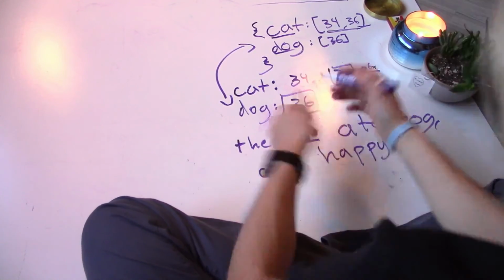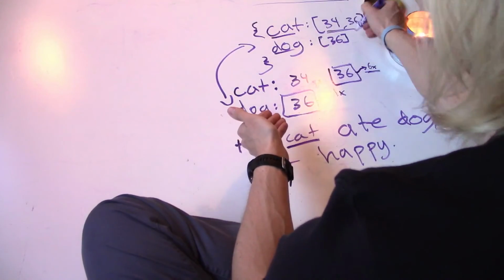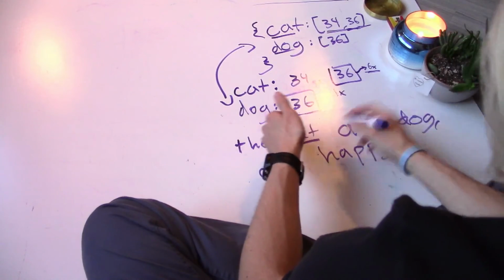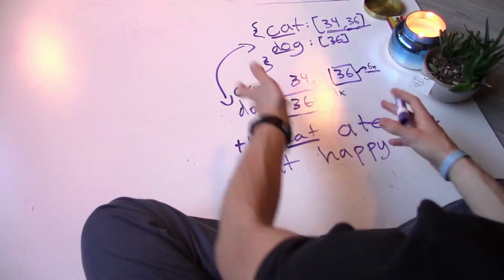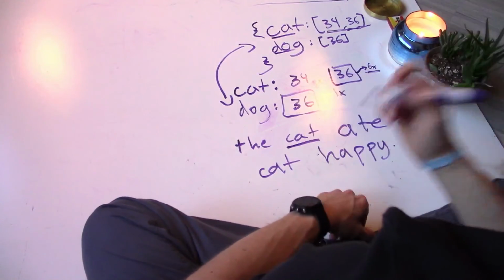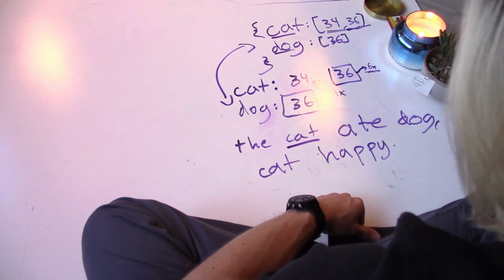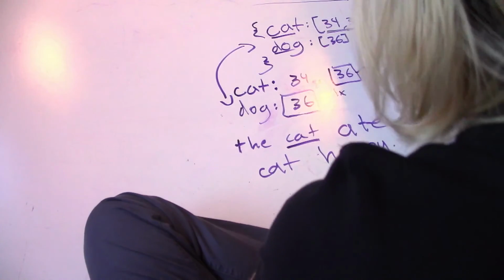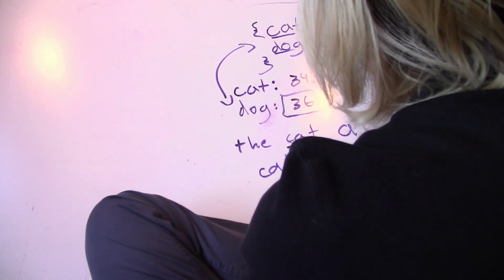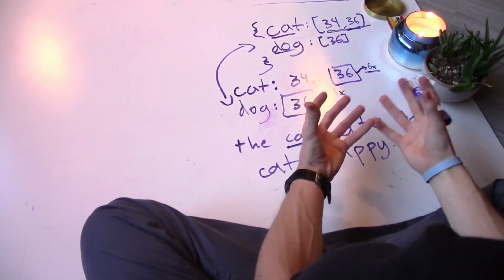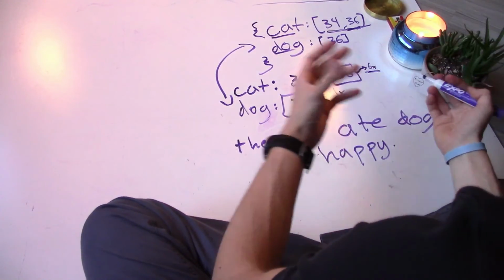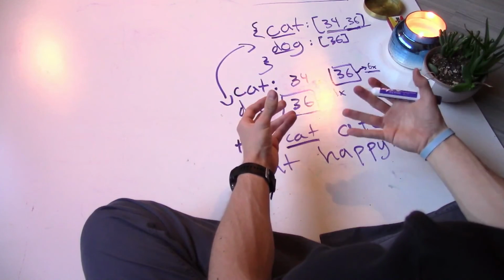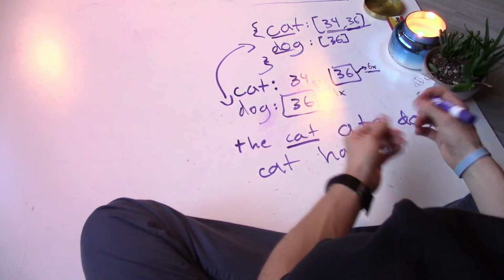So we see cat once, we go ahead and add our document ID up here. We said, okay, 36, let's go ahead and add it. Then we keep going, we see dog, okay, let's add dog there. And then we see cat again. So then we'd have to go in here, and instead of just storing 36 in the array, maybe we would store 36 and the number of times we've seen that word.